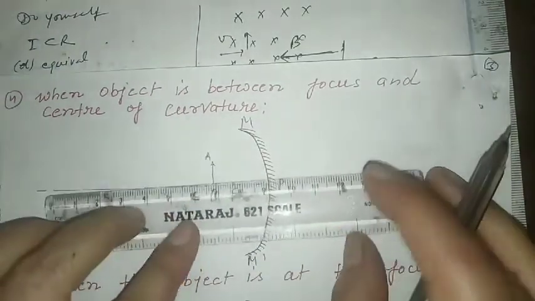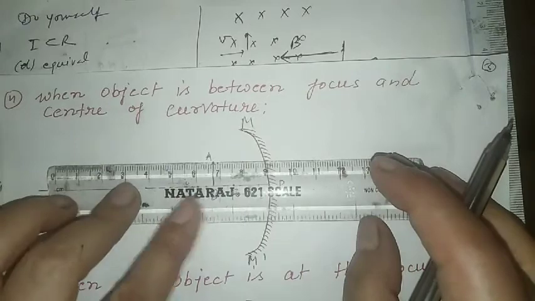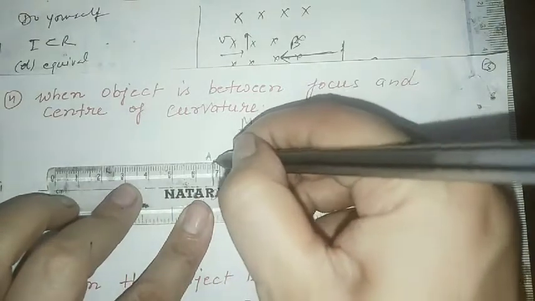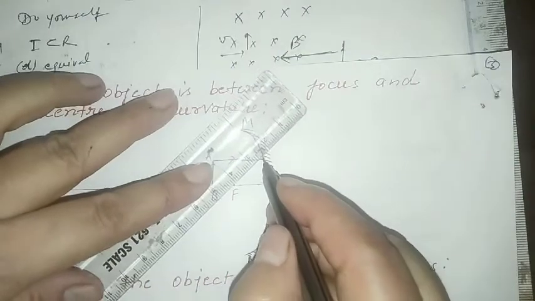So the first part is like that only. The ray which is parallel to the principal axis, after reflection will pass through the focus.